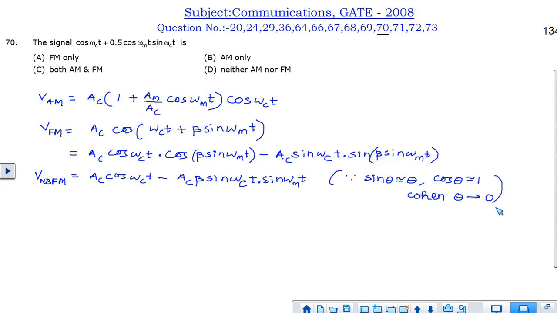When theta is very small, sin theta tends towards theta and cos theta tends towards 1. So this value will simply become Ac cos omega ct. Here, sin of beta sin omega mt, that is sin theta, will become theta, that is beta sin omega mt. So Ac sin omega ct will be multiplied by beta sin omega mt. So the expression for the narrowband FM will look like this.